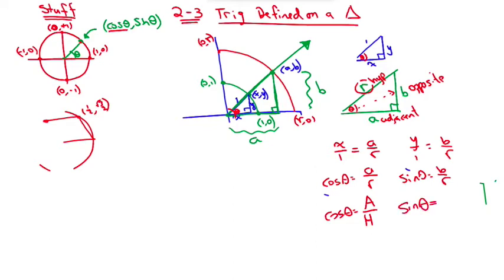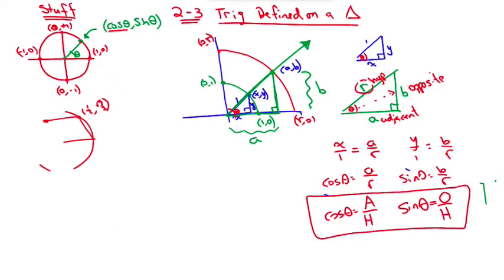The B side we renamed as opposite. So this will be opposite over R, and R is hypotenuse. So this would be opposite over hypotenuse. So it gives us a way of defining sine and cosine based solely on the angle that you're looking at in a right triangle and the sides of the right triangle, specifically two of them.